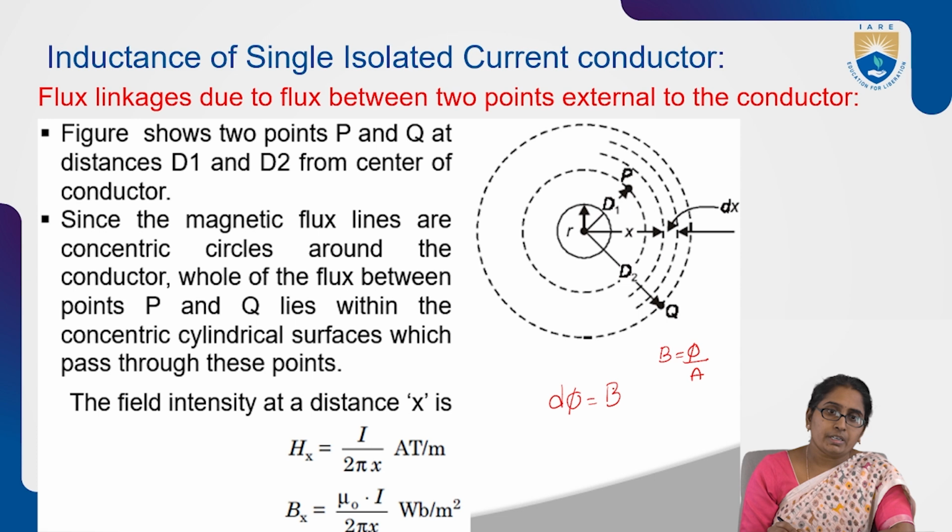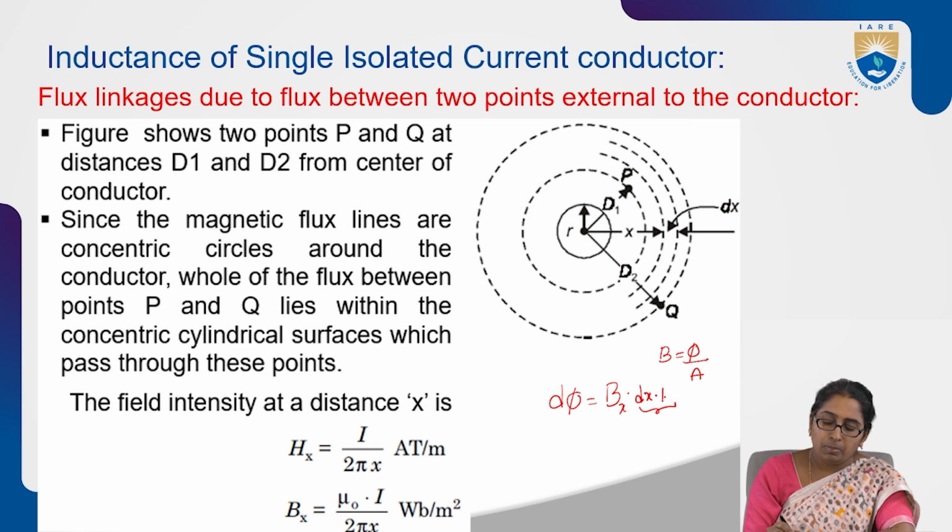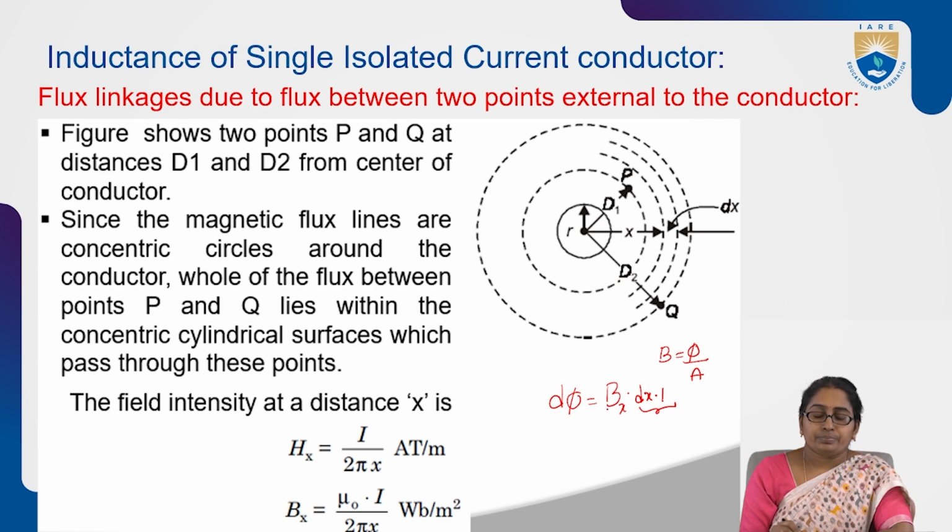If we consider a small elemental length dx, the flux is given by B into A, where the area is written as dx into 1. 1 is nothing but 1 meter length of the conductor, so it becomes 1. So this is the area of cross section, and this is the flux.